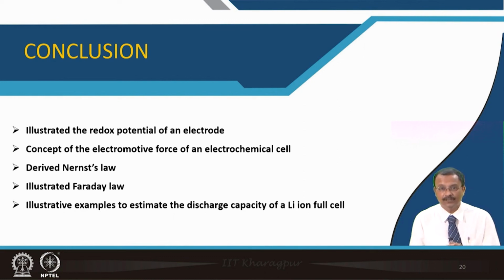Then we derived the Nernst law, which will allow you to estimate the voltage under non-standard conditions, and subsequently we also talked about the Faraday law, and finally we used the Faraday law to estimate the discharge capacity of a typical lithium ion full cell, taking graphite as the so-called negative electrode and lithium manganese oxide spinel as the positive electrode. Thank you for your attention.